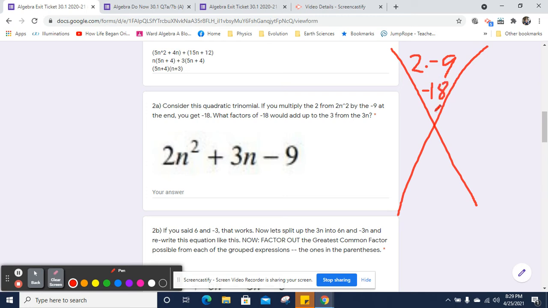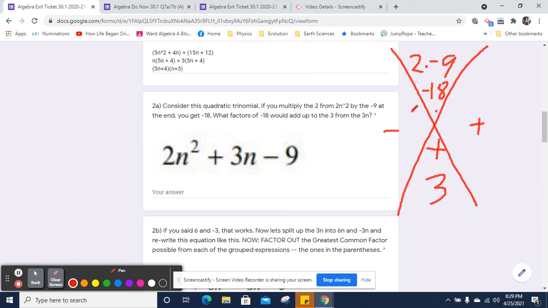And we want 2 factors of that add up to our middle coefficient, which is positive 3. That's going to be a negative and a positive. So I'm going to put a negative here and a positive here. What are 2 factors of 18 that are going to add up to 3?